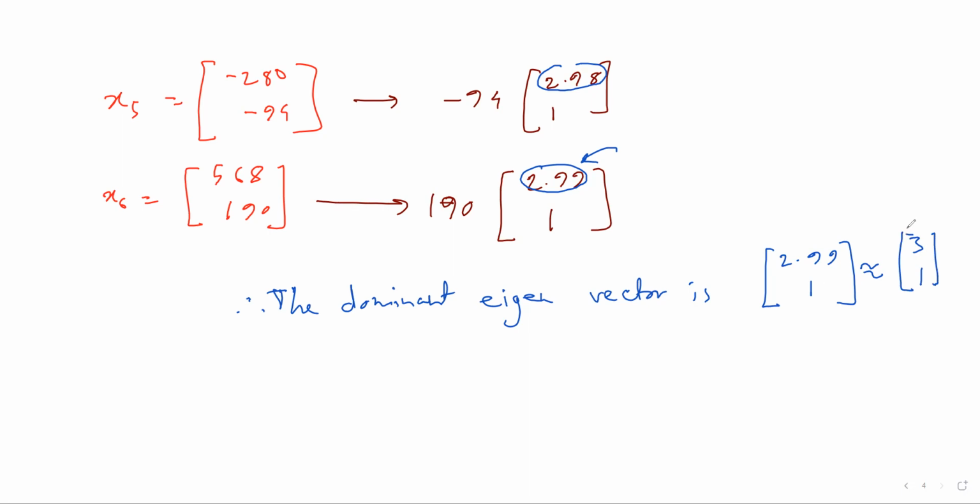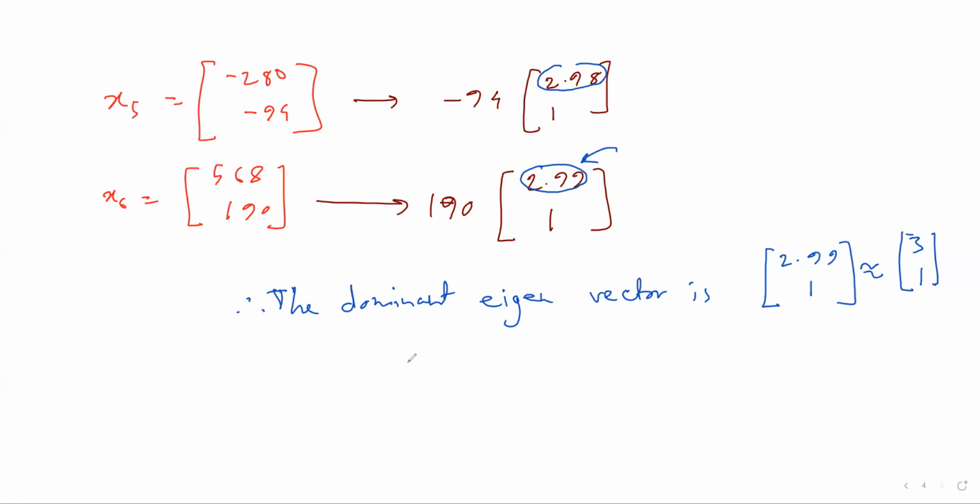Okay. Now, this is the iterative algorithm to find the dominant eigenvector. But what about the dominant eigenvalue? Basically, the definition of dominant eigenvector is dependent on the definition of dominant eigenvalue. We should get the dominant eigenvalue first. That was our first impression, right?